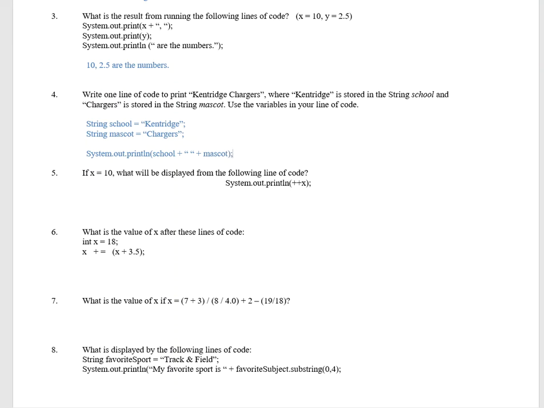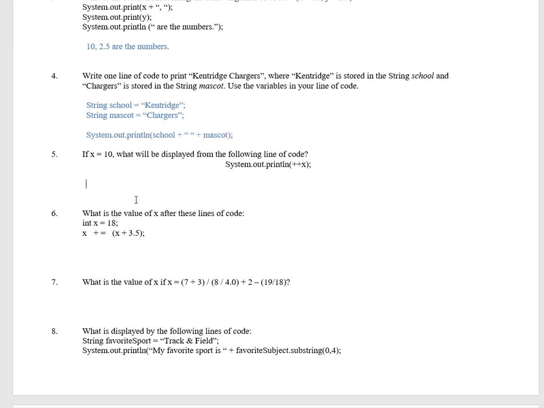So as you can see here, I have school plus a space plus mascot. That will print Kentridge, space, and chargers. Okay, so this is the line of code. That should have been the answer, not the initialization of those. That was assumed in it.